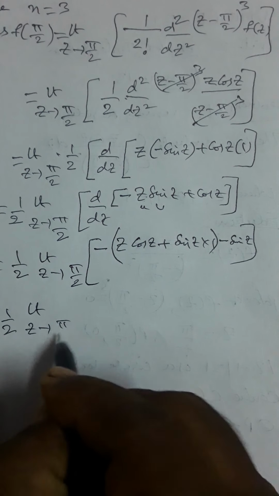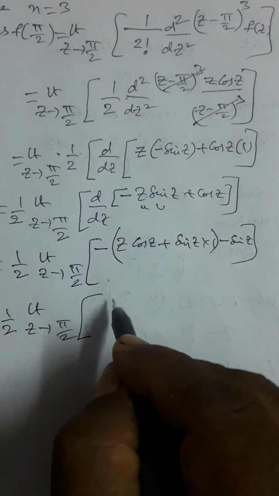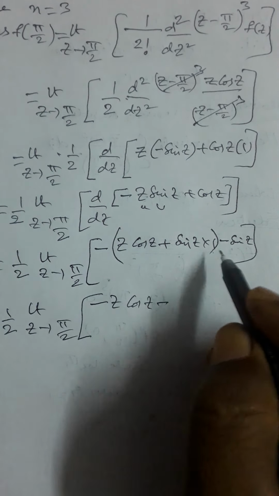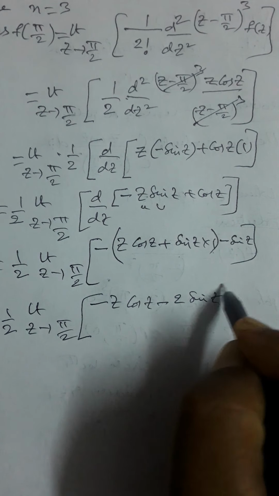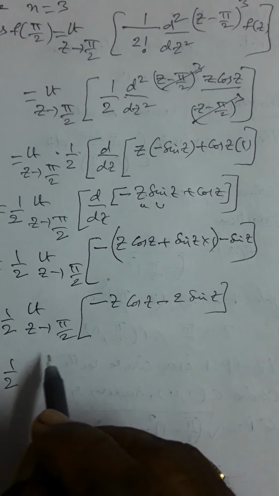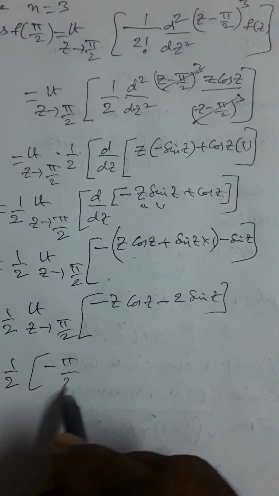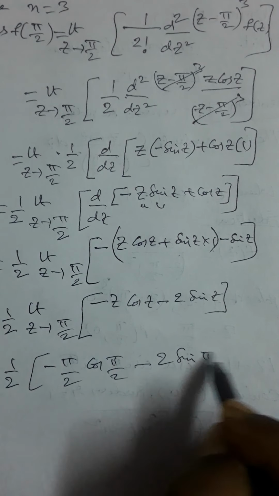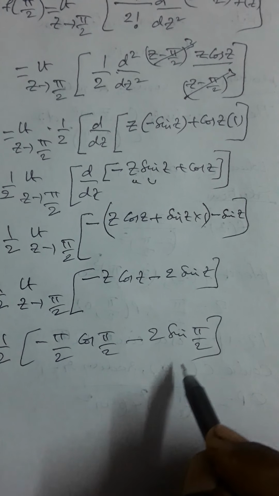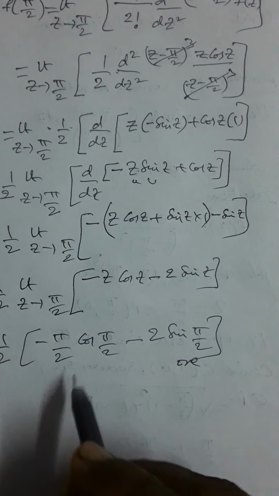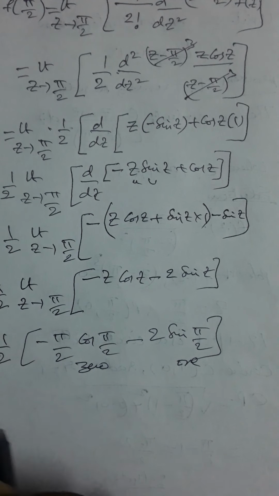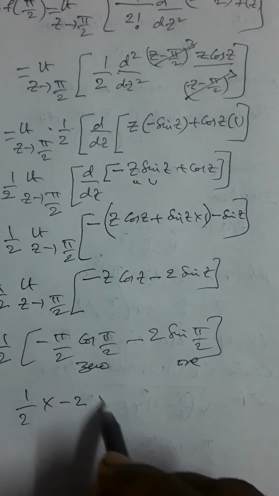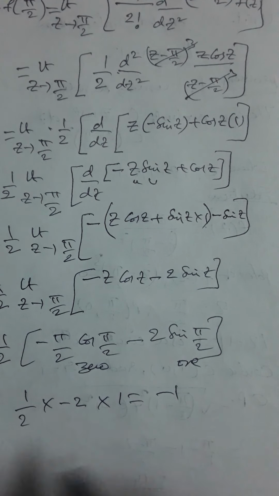Limit z tends to pi by 2 of minus z cos z minus sin z minus 2 sin z, 1 by 2 into minus pi by 2 cos pi by 2 minus 2 sin pi by 2. Sin pi by 2 is 1, cos pi by 2 is 0. 1 by 2 into minus 2 into 1, so minus 1.